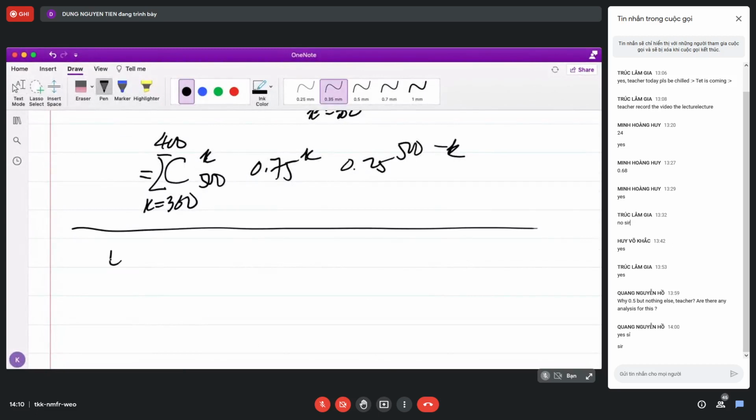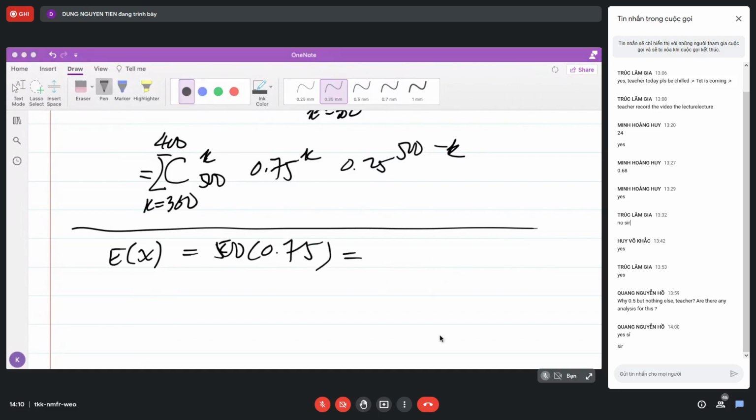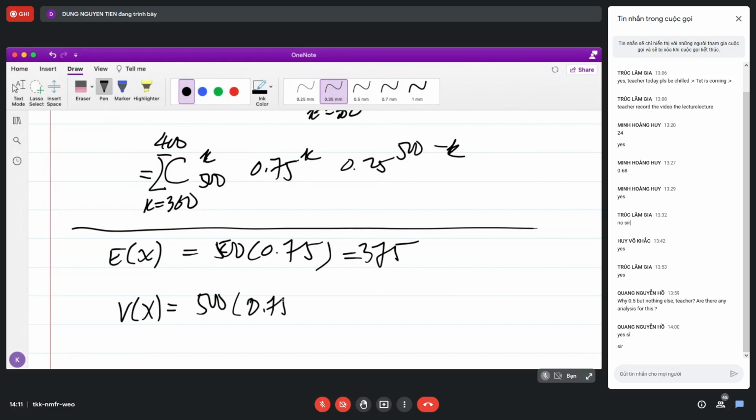Besides, we know that the mean of X is n times p, 500 times 0.75, and that is 375. And you can also find the variance of X, which is 500 times 0.75 times 0.25, and that is 93.75.